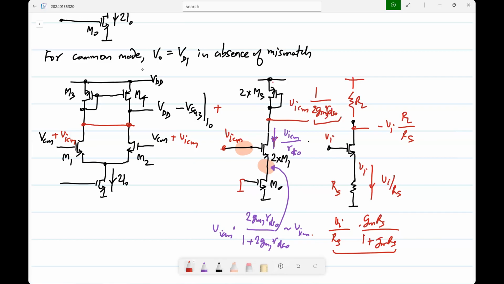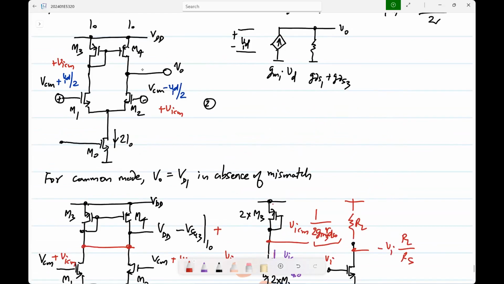So that is the common mode gain. ACM, the DC common mode gain, is 1 by 2 GM3 RDS0. You can see that the load impedance for the differential case is higher, right?